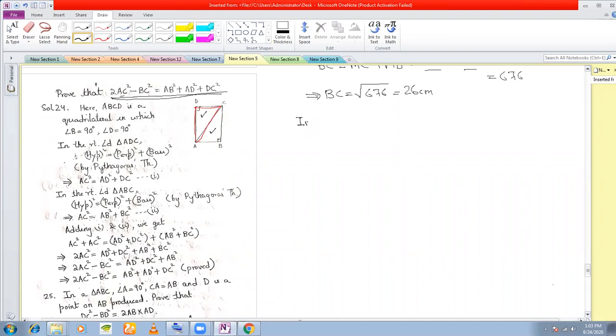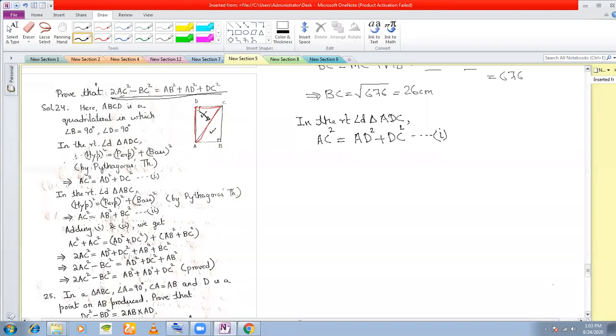In the right angle triangle ADC, AC square, this is the hypotenuse, this is the right angle, so this must be the hypotenuse of this triangle. AC square is equal to AD square plus DC square. Call this 1.